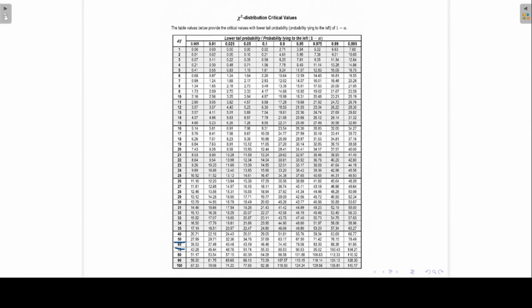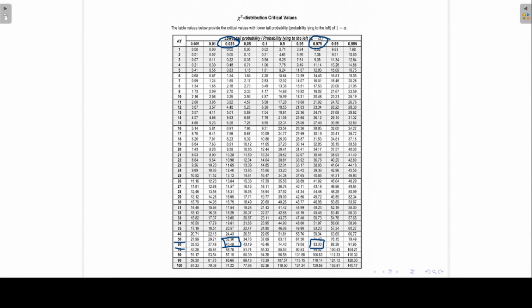First of all, to get my chi-square value for a probability of 0.975, my chi-square value is 83.3. And then we also look for a chi-square value with a probability of 0.025, and my chi-square value will be 40.48.